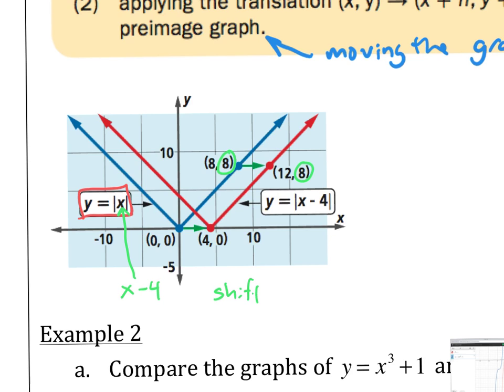Because I shift right 4. So if I just replace it, there I go, I get that x minus 4 inside. Or the other thing is just to take each point and add a 4 to the x. Add 4 there, here, add 4 there, and that's it. So either replace point by point and just shift the important points over and then draw, or essentially replace the x with x minus 4 in the function and then graph this function.